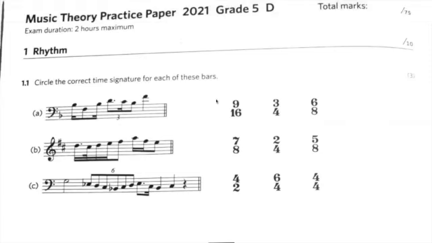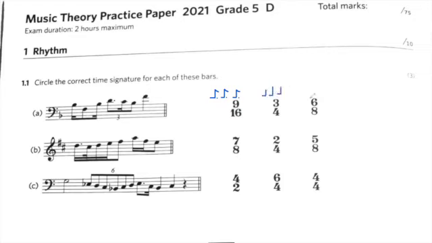The first thing I would do is write out all the groupings so that I have a good idea of what to expect for each of the possibilities. 9/16 stands for 3 dotted quavers in a bar. 3/4 is 3 crotchets in a bar.